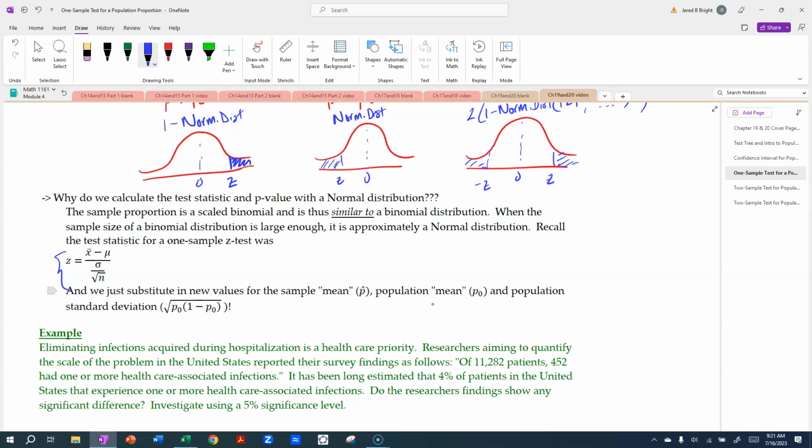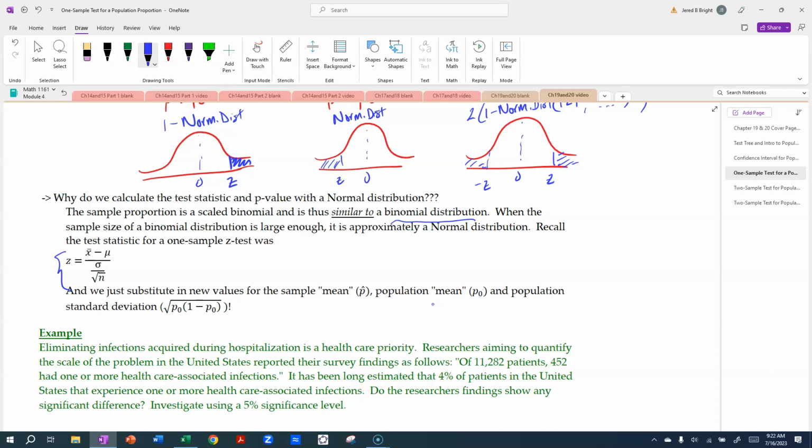And that also allows us to use the mean and standard deviation of a binomial distribution. Again, making certain assumptions, it changes the sample mean x bar to p hat, and it changes the population standard deviation from sigma to the square root of P0 times 1 minus P0. Okay, so when we change things from a proportion to binomial and then to standard normal, that's, at a high level, why this all works.